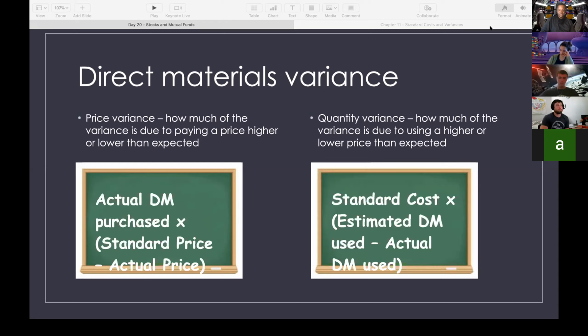And for the quantity variance, you take the standard cost, what we expect to pay, and multiply that by the difference between the estimated direct materials that were going to be used and the actual direct materials that were used.